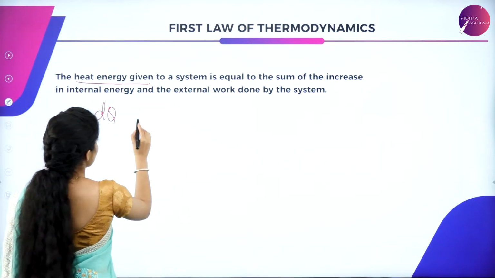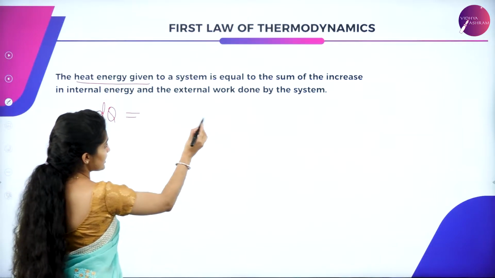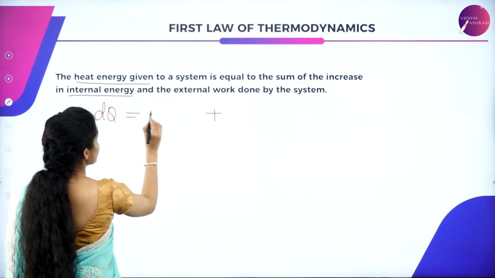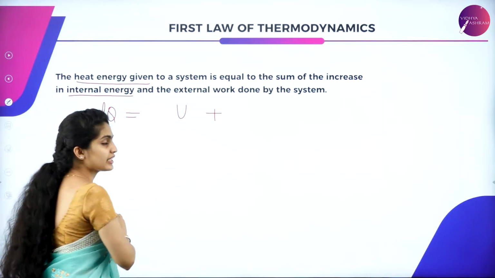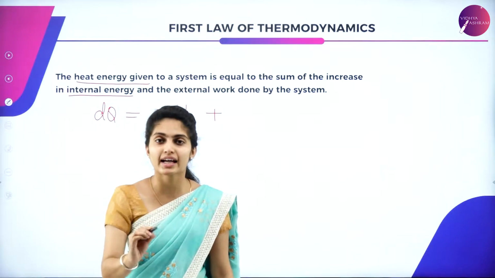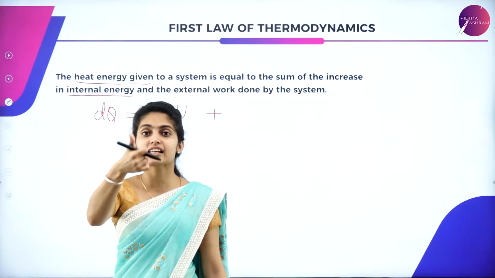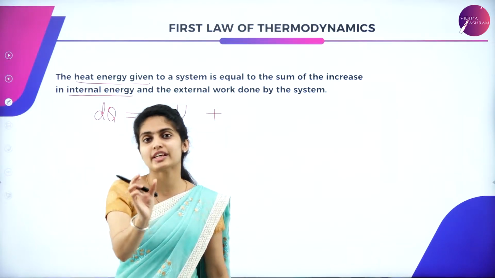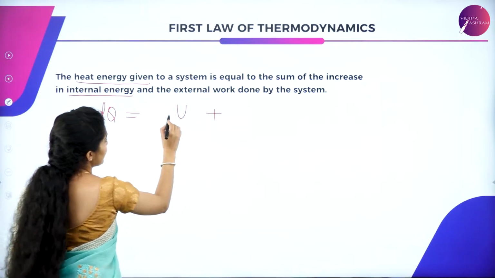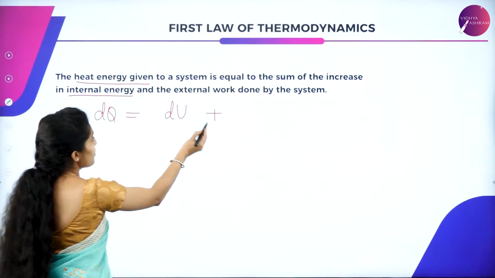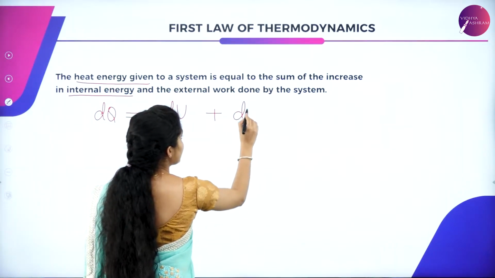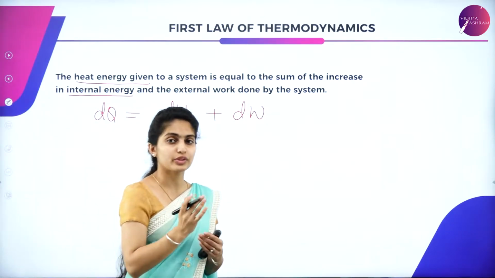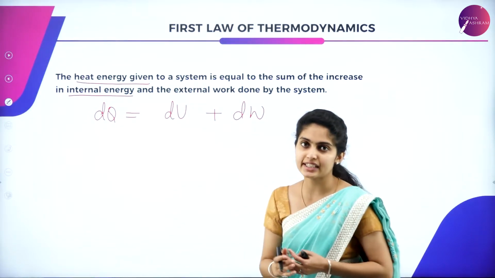So the heat energy given to a system is equal to the sum of the increase in the internal energy. Internal energy is represented by U, and it is dU because there is an increase, that is, a change taking place in the internal energy. So it is the sum of dU and dW, because the work is done by the system, so it is positive dW.